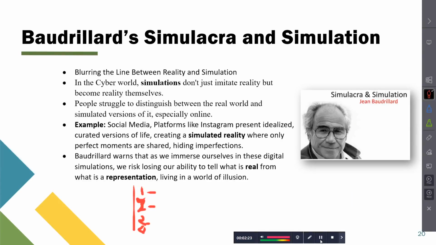If I explain these 4 in the context of the cyber world, number 1, again, is a reflection of basic reality. What does it mean? Let me give an example. Digital representations often start as a reflection of physical reality.